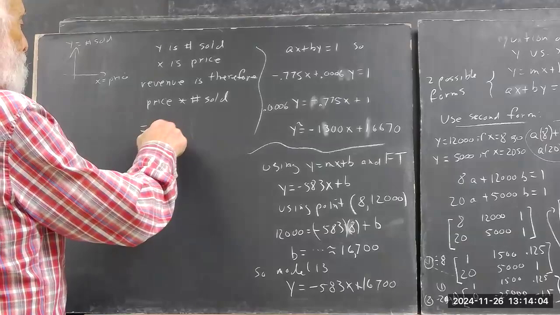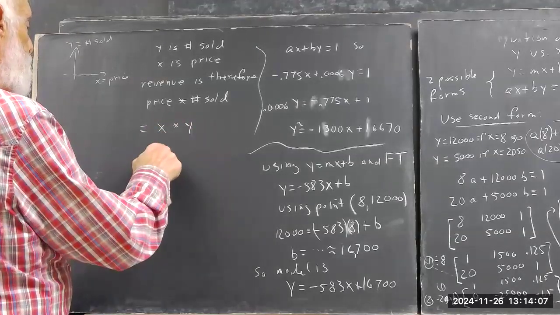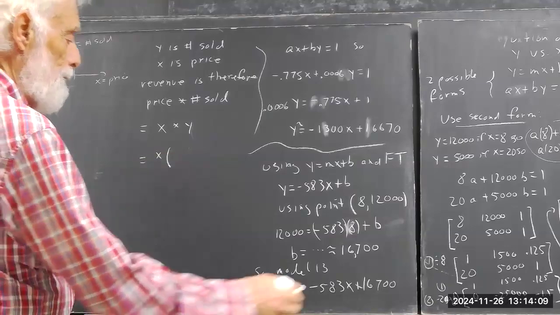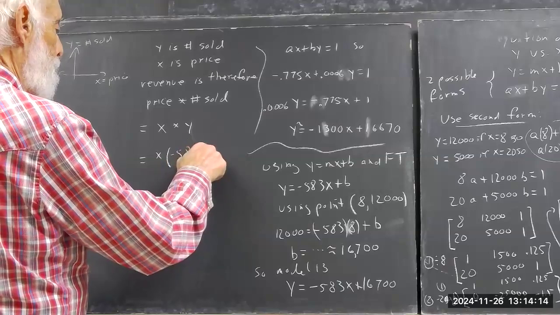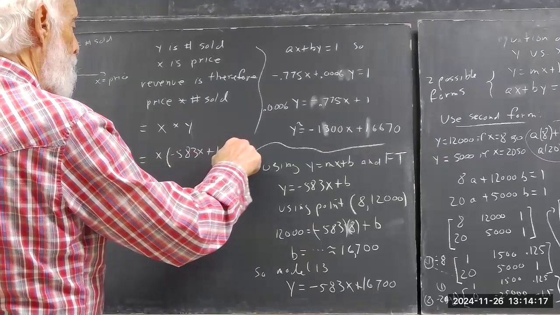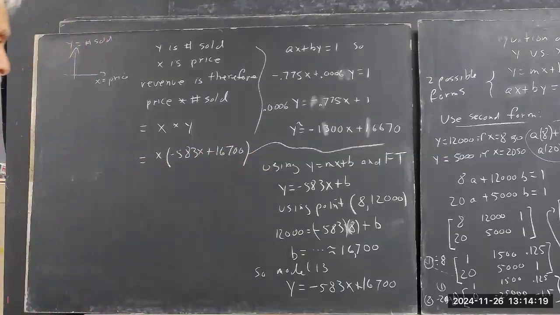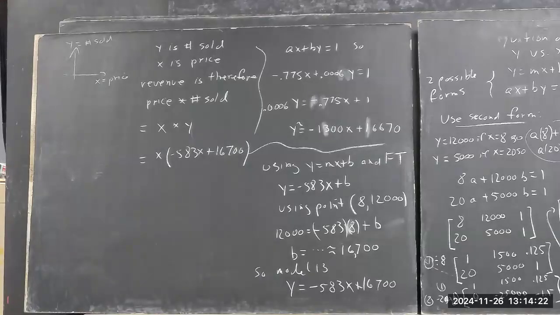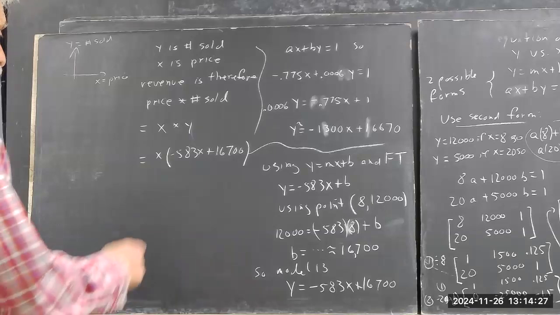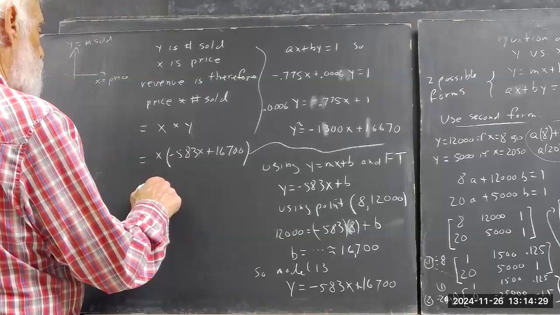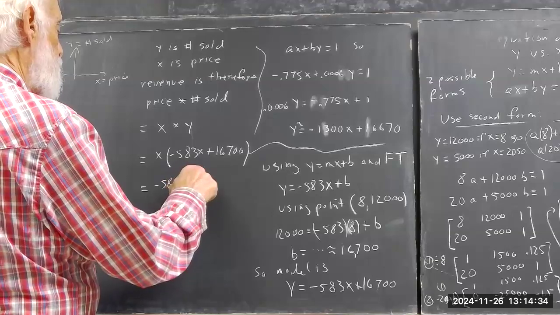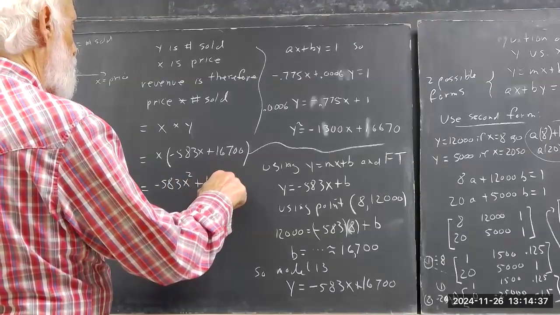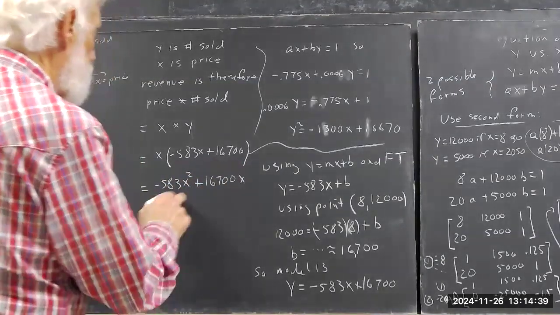That's going to be X times Y, which is X times Y. Y is this. Okay. And that's the quadratic function.